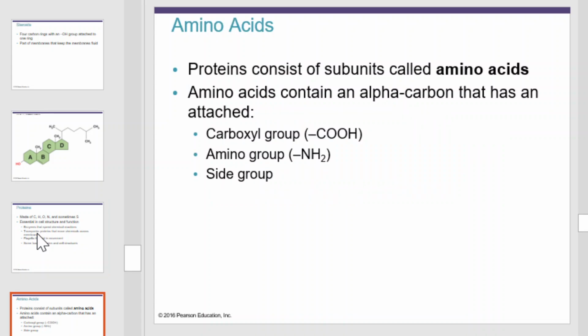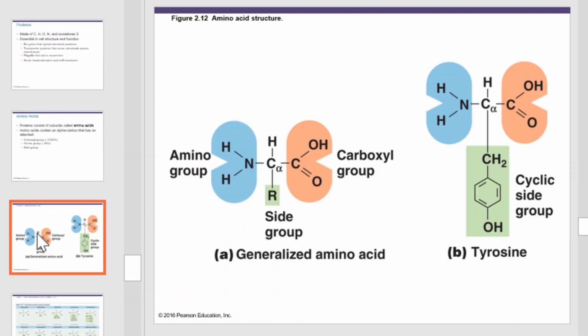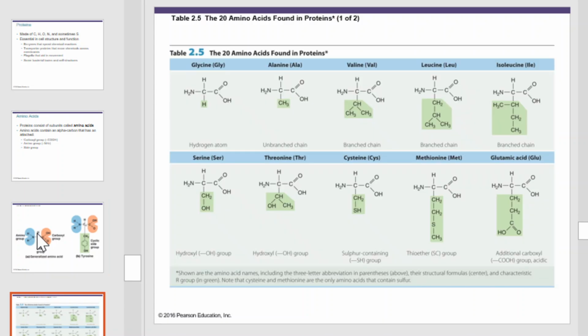The primary building block of a protein is an amino acid. Amino acids contain an alpha carbon that has an attached carboxyl group, amino group, and a side group. This is the basic architecture of an amino acid, which you've seen from an earlier section of this video. Amino acids have 20 different side groups that make each amino acid unique.